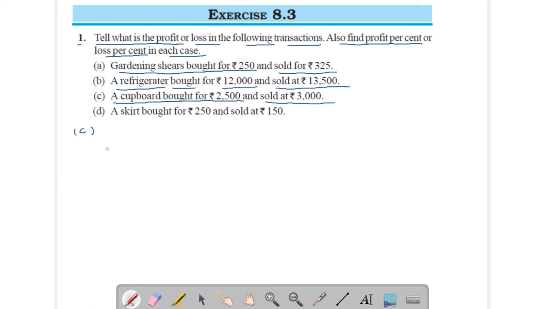Here CP of cupboard is rupees 2,500. SP of cupboard is rupees 3,000.